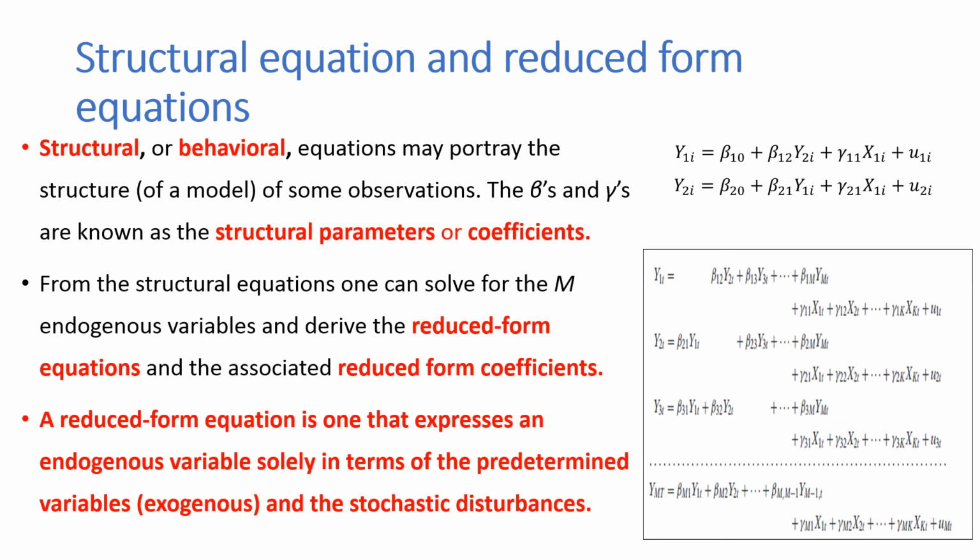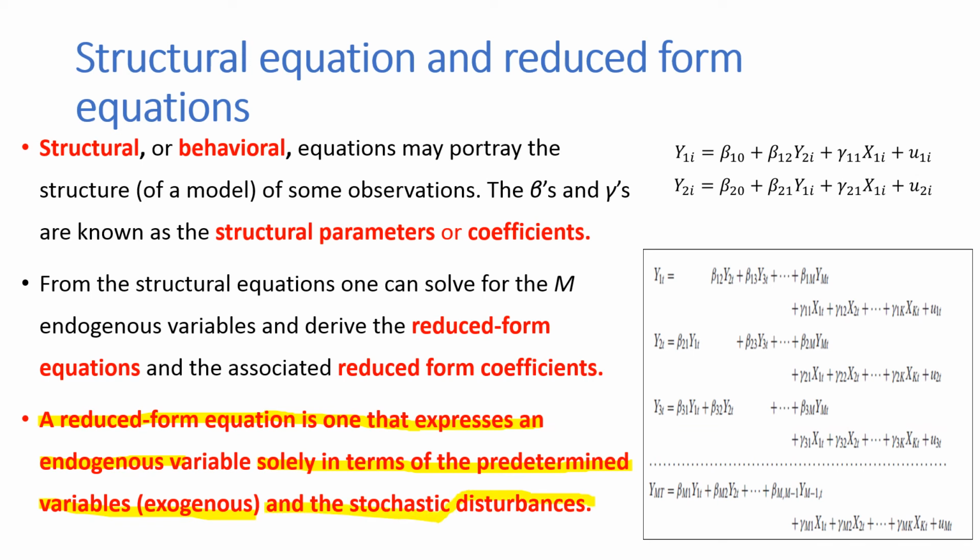And from these structural equations, we can derive what is called the reduced form equation. By the reduced form equation, we mean one that expresses endogenous variables solely in terms of the predetermined variables or exogenous variables and the stochastic disturbances.